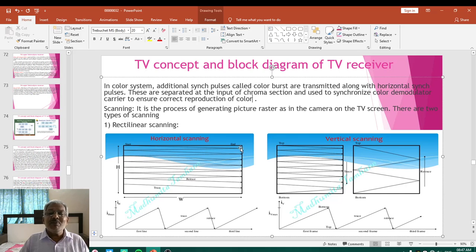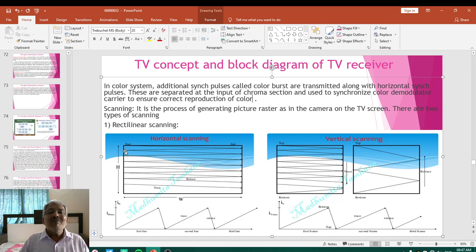But when the spot reaches the right of the television screen, it will start returning from right to left. But the returning electron beam from right to left is with a very high speed.